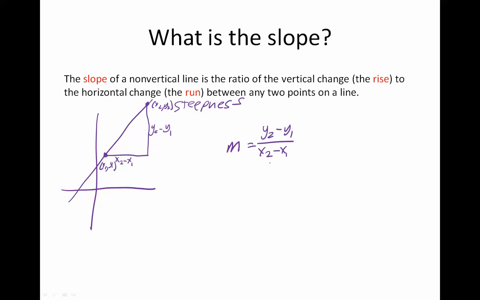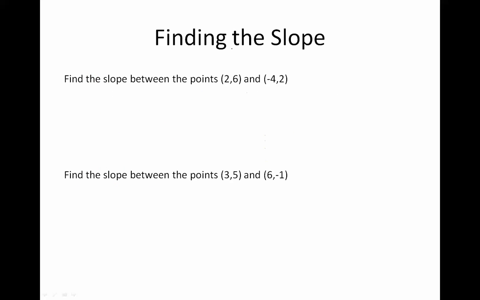So let's do a couple of examples where we actually calculate the slope. So we have 2 points here, and we could go as far as actually graphing these 2 points, right? 6 is up here, and -4, 2 is right there, and we could count to do that. But what I want to do is use the formula for these. So the formula is y2 minus y1 over x2 minus x1. So looking at my points, this first point is x1, y1.